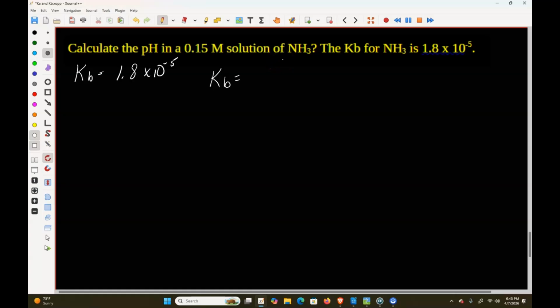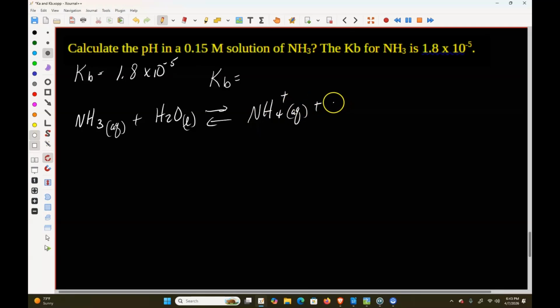So I would have something that looks like ammonia. I'll go ahead and put the water here. It's a liquid. Gives me NH4 plus aqueous plus OH negative aqueous.